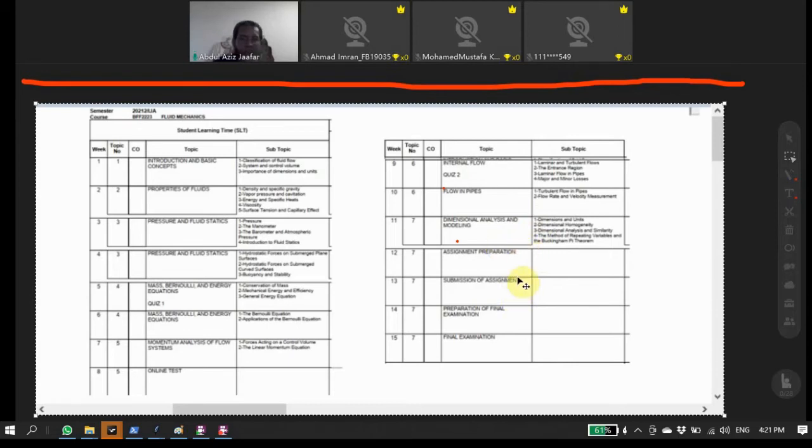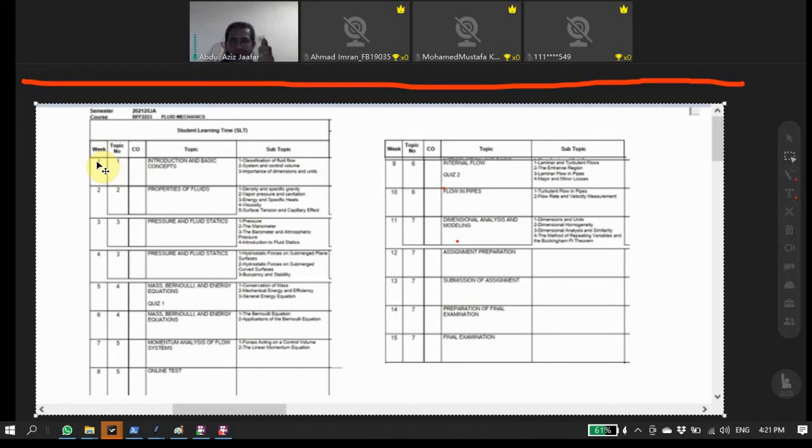And then for the rest of the weeks, from week 12 to week 14, I think, you will do the assignment, presentation and so on. The assignment will start from today. Today is the day that you start your assignment.